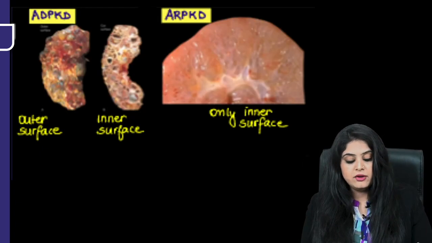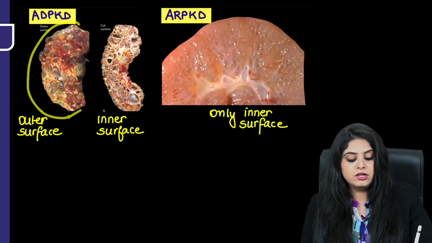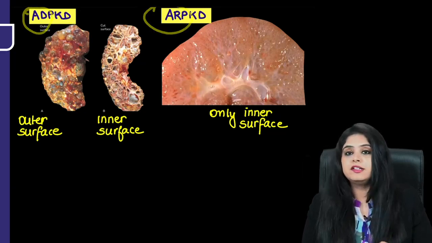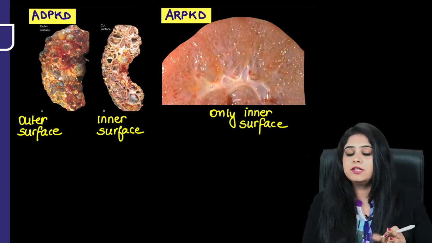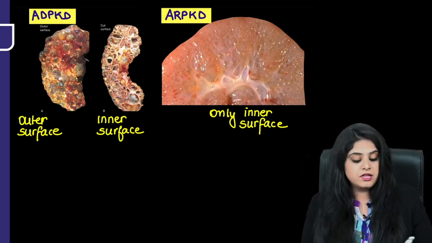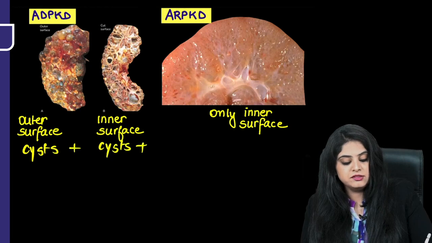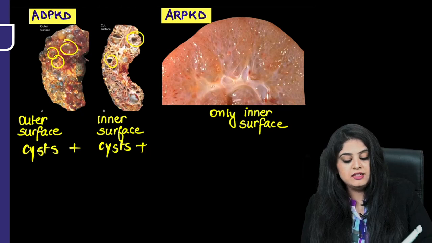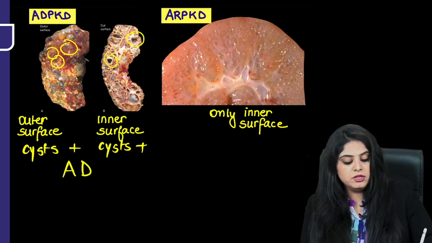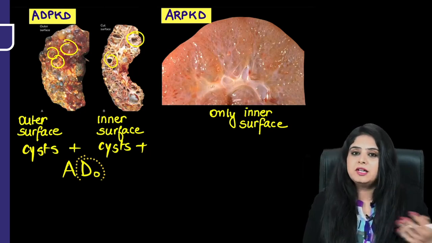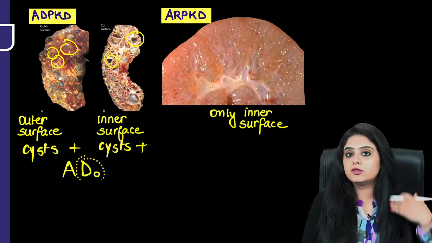Coming to the next, now if the kidney starts looking like this, you know what this disease is. Lots of cysts, PKD, polycystic kidney disease of two types: autosomal dominant and autosomal recessive. I've taught you the entire theory in the main videos and the RR. I'm doing a quick overview of the images. Please note, if the outer surface also shows cysts and the inner surface also shows cysts, that is going to be autosomal dominant, because we had learned dominant means both. Both means the outer surface also shows you cysts and the inner surface also shows you cysts.